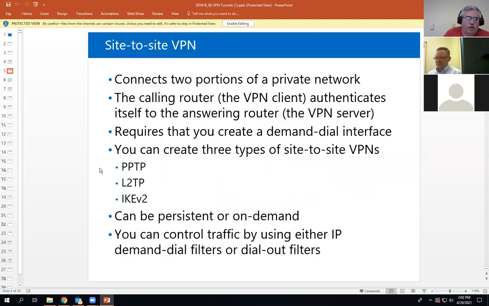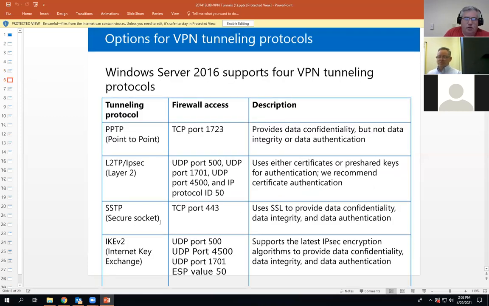So anyway, there's different types of site-to-site VPNs, and you can use different protocols for them. The PPTP, L2TP, IKE version 2. IKE version 2 is the most secure, newest one. It's pretty much what everybody uses nowadays.